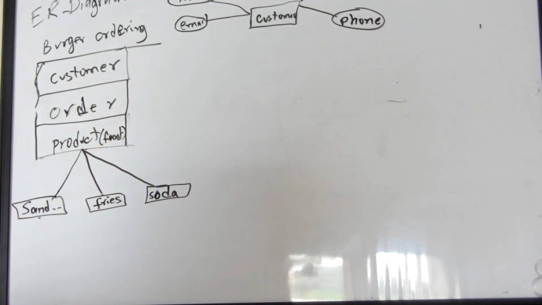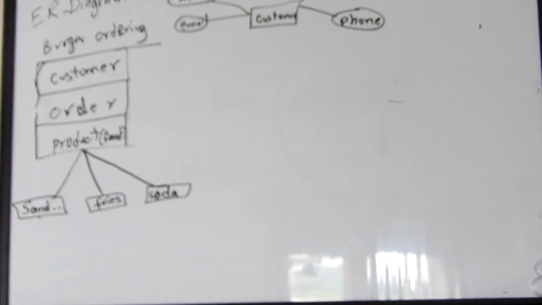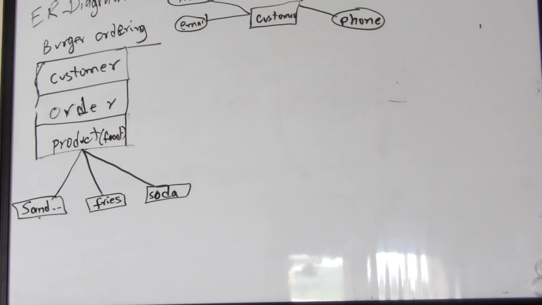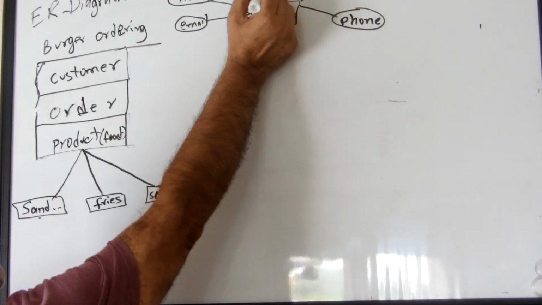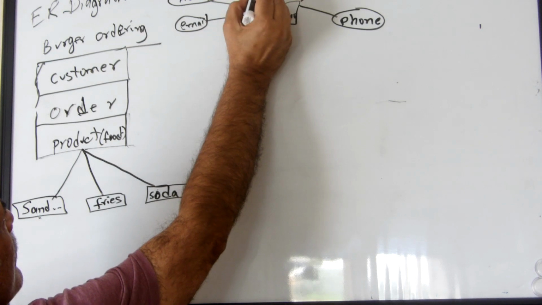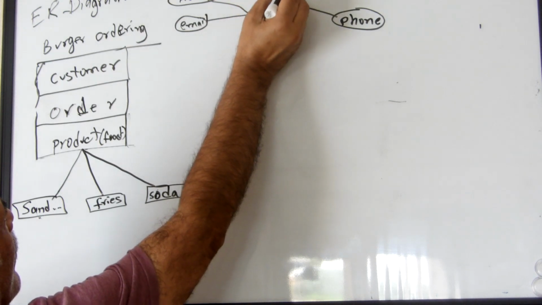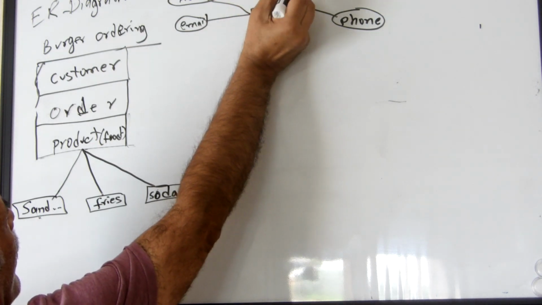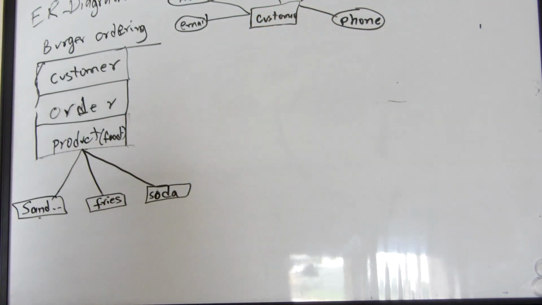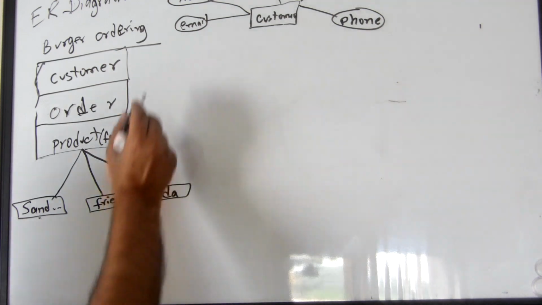They don't need the date of birth of the customer, some things they don't need to know. And customer ID. These are the attributes.